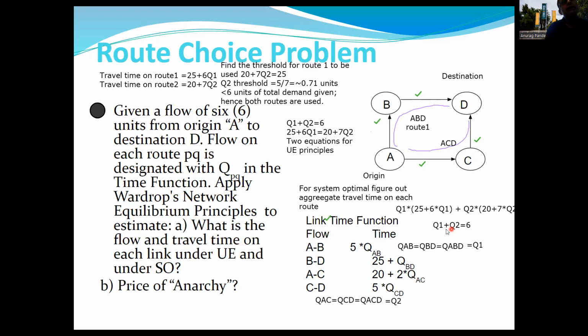So what I'll do is I'll just do Q1 equal to 6 minus Q2. I plug that into this equation, and once I plug that in, I'll get those values. And then I try to minimize that value.